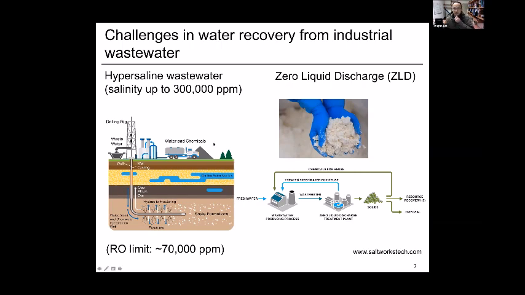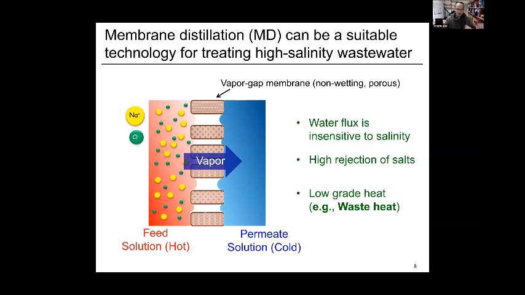And also some industries such as mining are under huge pressure to minimize their wastewater discharge. So we need a technology that can treat very highly saline wastewater, and for such industrial wastewater treatment, the vapor gap membrane can provide a suitable approach.